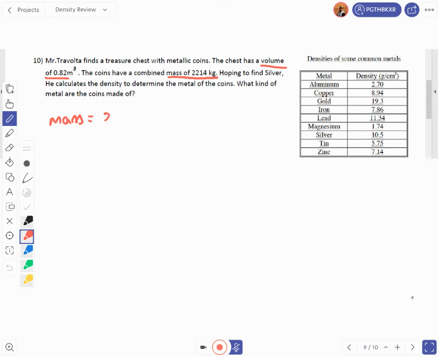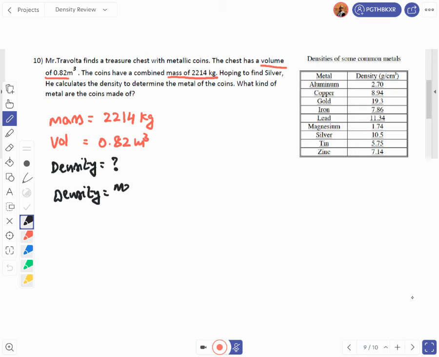Mass is 2,214 kilograms. And next, what is volume? Volume is 0.82 cubic meter. So if you have these two, obviously you have to compute the density. So straight away I'm computing density equals mass per volume.